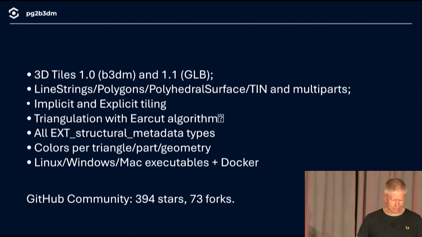And if the geometry is not triangulated, it will create triangles based on the earcut algorithm. Now, of course, all the metadata types are supported, and you can do a lot of shading tricks. So you can define shaders per triangle or per part of the geometry or the whole of the geometry.